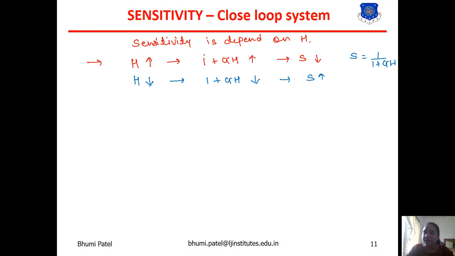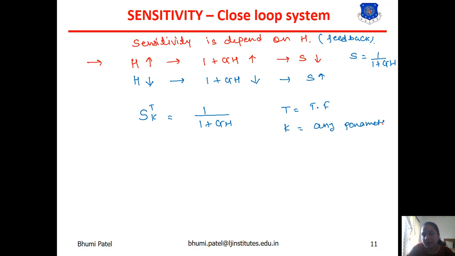So sensitivity depends on the feedback element. So we can write the equation: sensitivity S of T with respect to K is equal to 1 upon 1 plus GH, where T is our transfer function and K is any parameter depending upon the closed loop system.